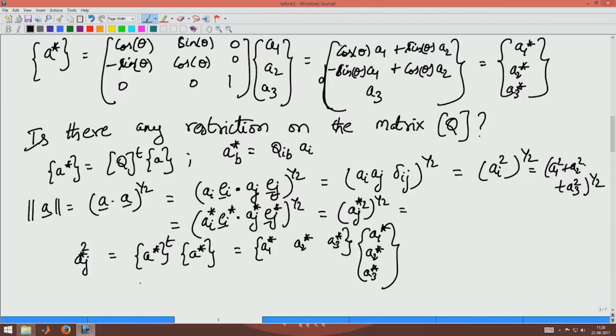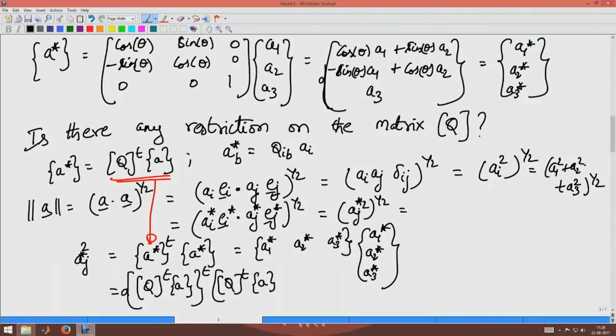Okay. Now, substituting this for A star, what I get is Q transpose A, the whole transpose, times Q transpose A vector.